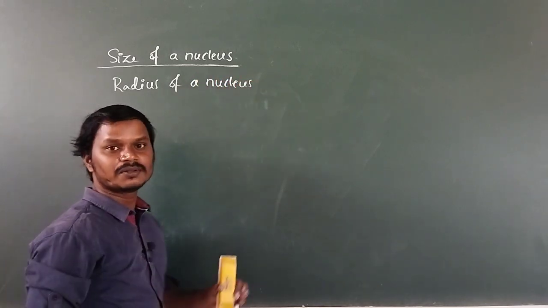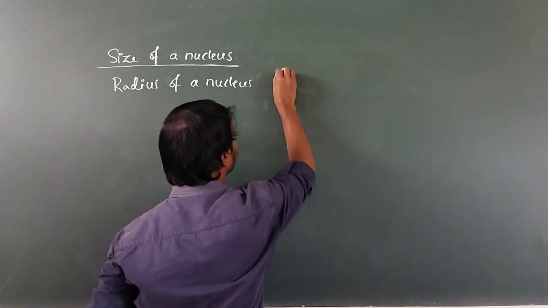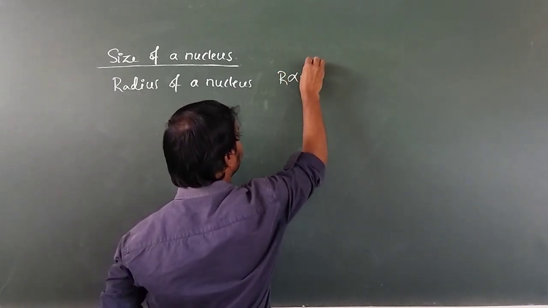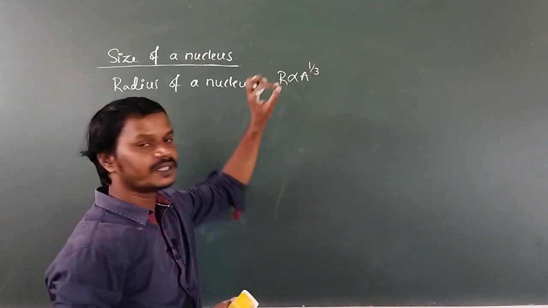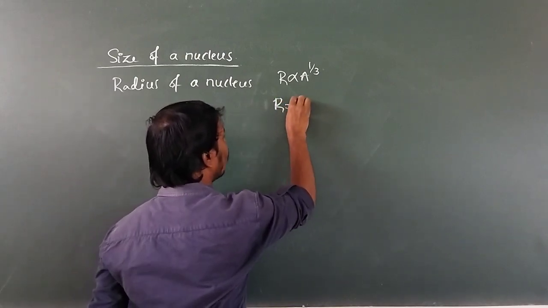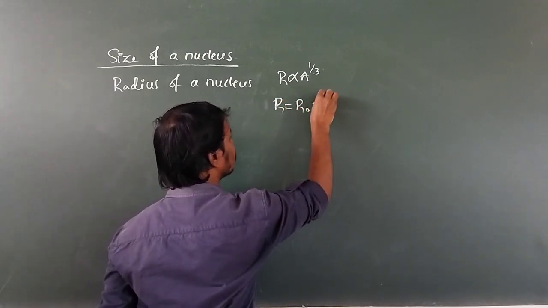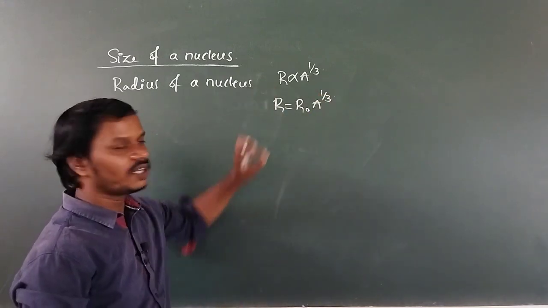The radius of a nucleus is directly proportional to A raised to 1 by 3. R is directly proportional to A raised to 1 by 3. In order to remove the proportionality, we use a proportionality constant. That is R is equal to R naught into A raised to 1 by 3. Then what is the value of R naught?